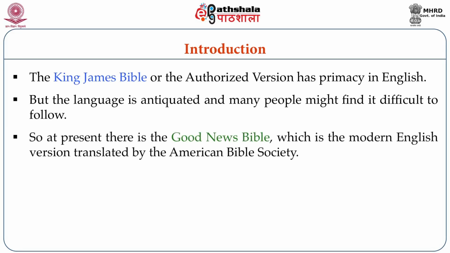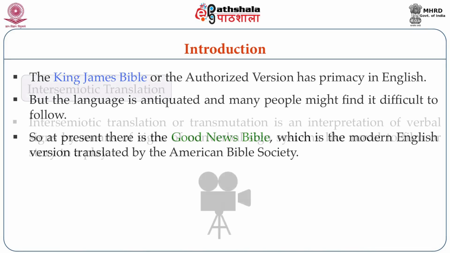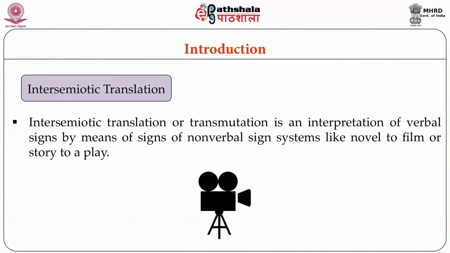So at present there is the Good News Bible, which is the modern English version translated by the American Bible Society. Intersemiotic translation or transmutation is an interpretation of verbal signs by means of signs of a non-verbal sign system, like novel to film or story to a play.